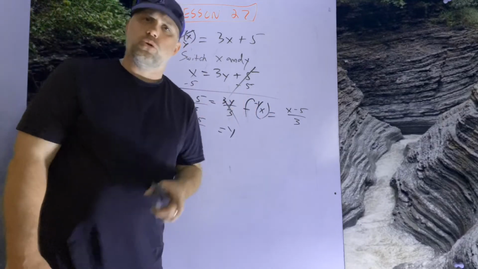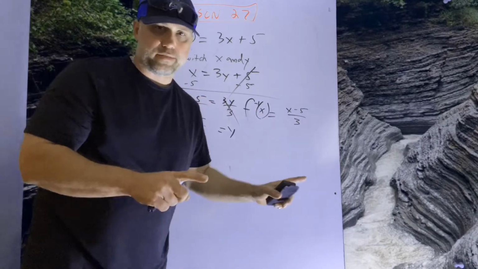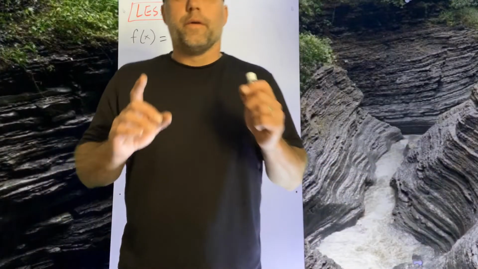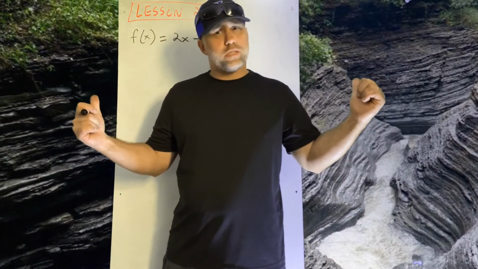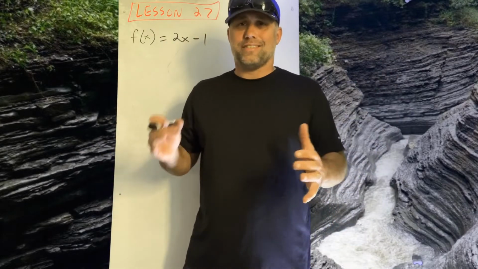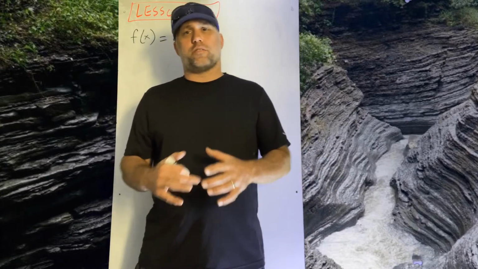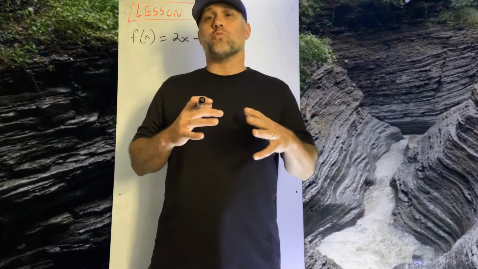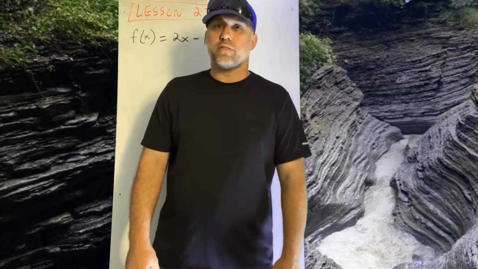So let me do one more with you. Do you know what this background is yet? Before I do our last example, have you figured out what's back here? This is Watkins Glen State Park. It's the gorge, and if you have never walked the gorge in Watkins Glen, it's really cool. I have done it several times.